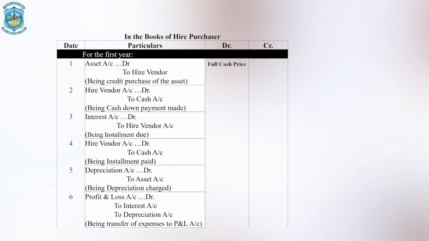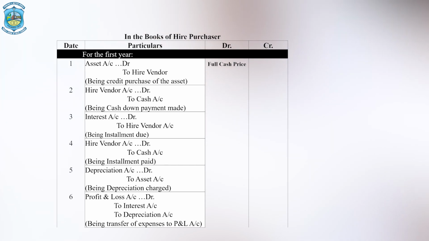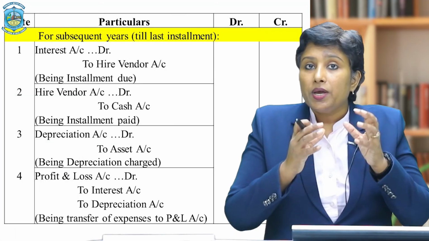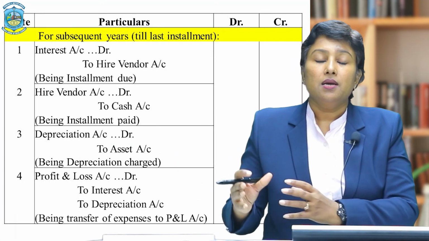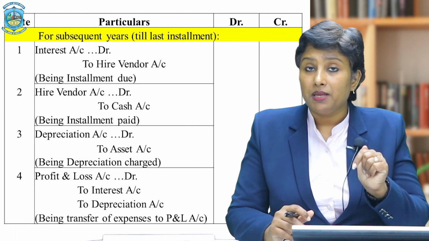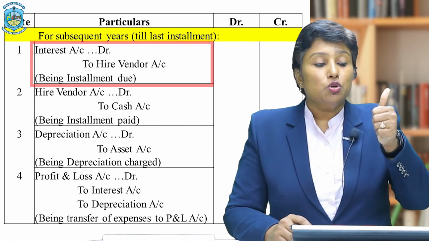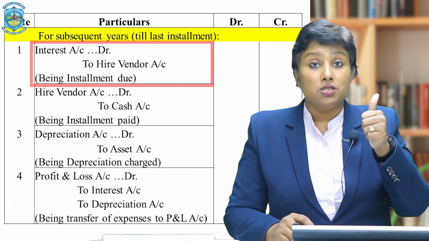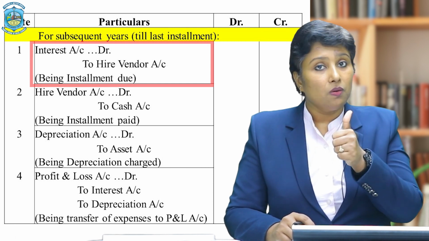So again, the very first entry was to debit the asset account with the entire cash price and credit the hire vendor. As and when the installment becomes due, you will pass the entry for interest due, that is interest account debited to hire vendor. If any down payment has been made, you have already made the entry, that is hire vendor account debited to cash. So henceforth, for the subsequent years, the entries you have to pass under this credit purchase method are to make the interest due at the time of installment, that is interest account debited to hire vendor.